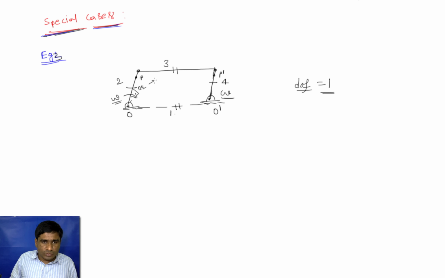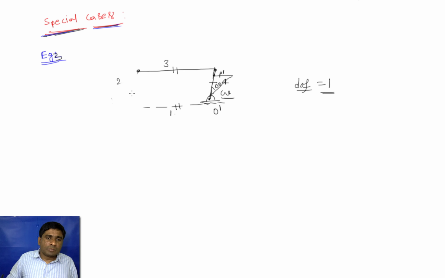P reaches this position when link 2 is moved by delta theta. Then the distance traveled by this P is exactly equal to the distance traveled by P dash at this particular instant when this is delta theta. So that's why velocity of P and velocity of P dash is always equal in this case.